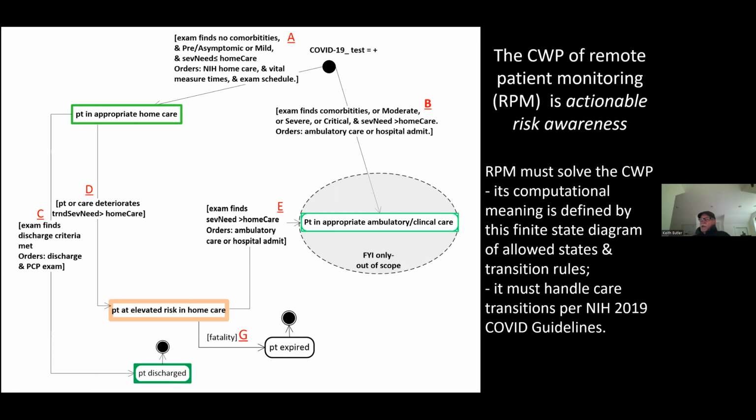An urgent exam might find that their severity need exceeds home care, and so they'll be ordered into some sort of clinical care, ambulatory, or hospital admission. Or the exam might find that they can remain safe in home care with additional prescriptions or more frequent patient monitoring, and so on.